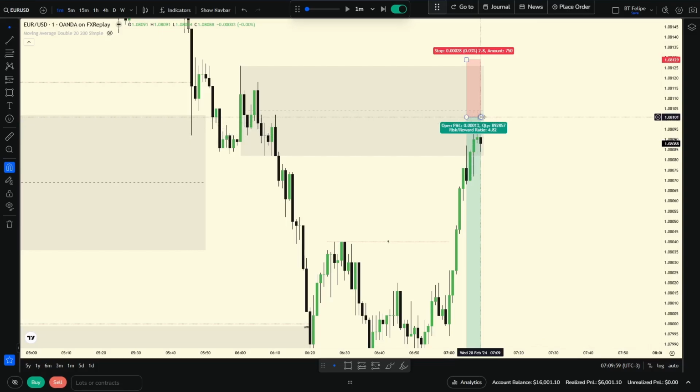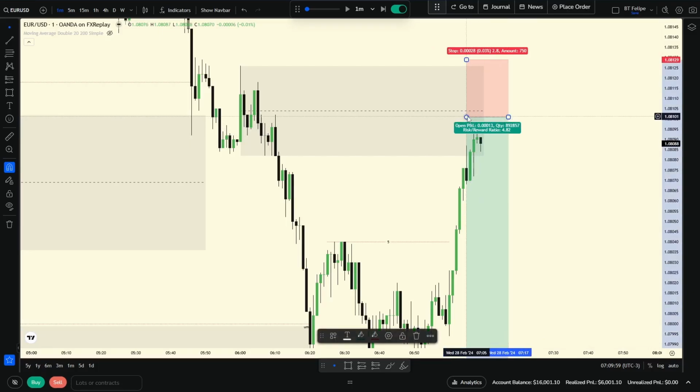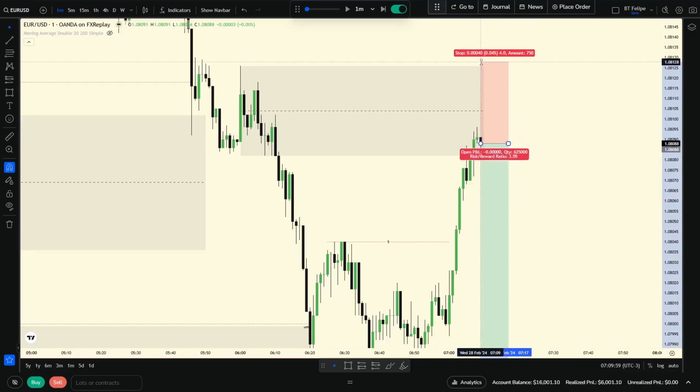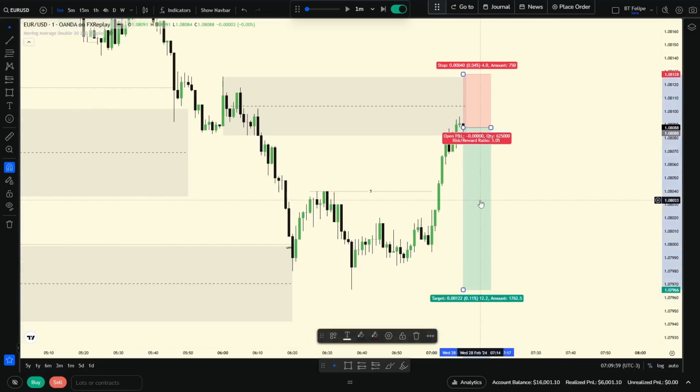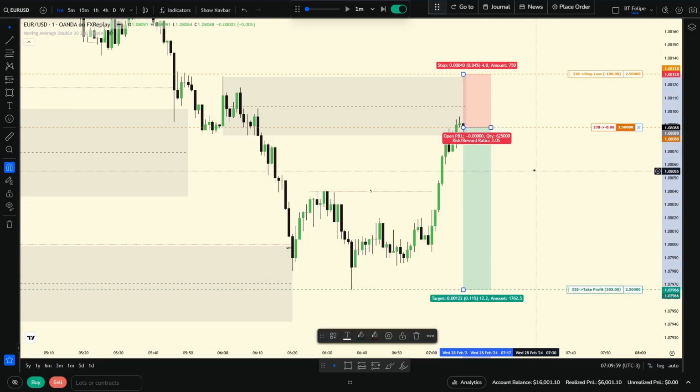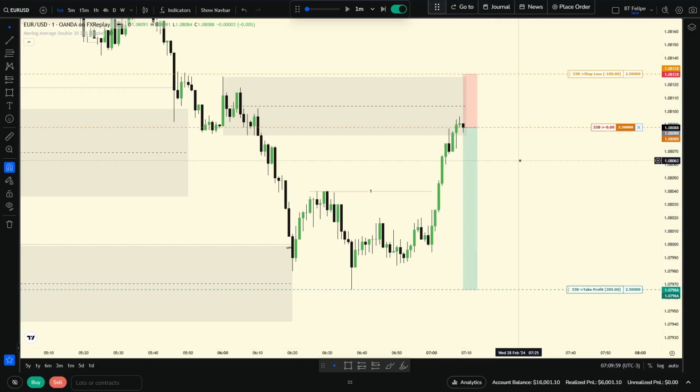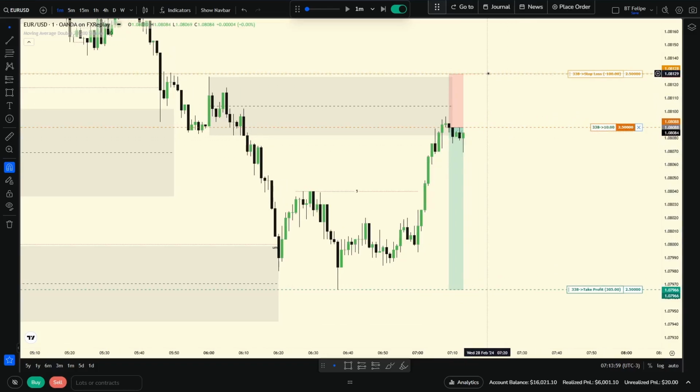Maybe now? 3R. Yeah, looks good. I'm safer here with my stop loss here.